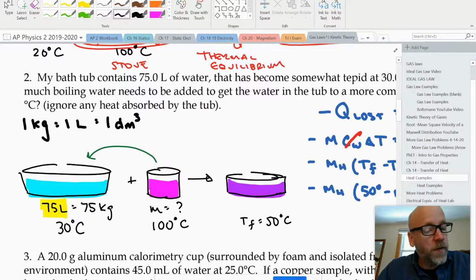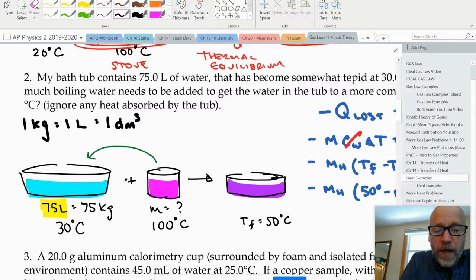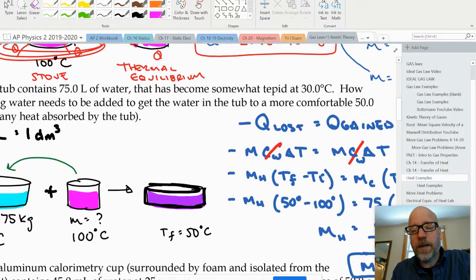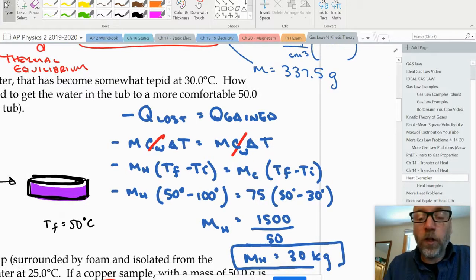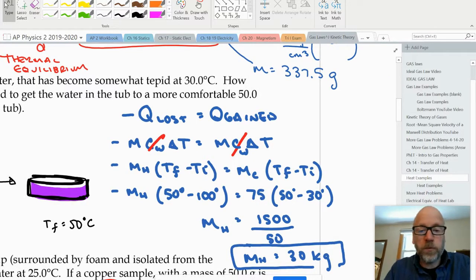So it means we have 75 kilograms of water at 30 degrees Celsius. How much mass of water at 100 degrees Celsius would I add to end up with a final temperature of 50? So if I set up my system, this is a case where I add two things together and they reach thermal equilibrium. So this is a classic case of the negative heat loss being equal to the heat gain.